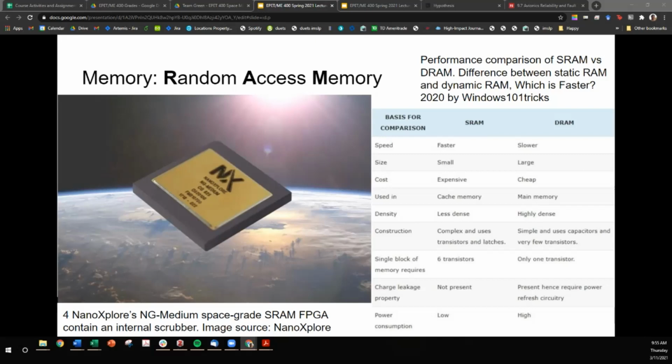And here's where I really want to drive the point home, where they're used. Static RAM is used mostly in cache memory, whereas dynamic RAM is used for main memory. So this is like processing, and this is more like data.